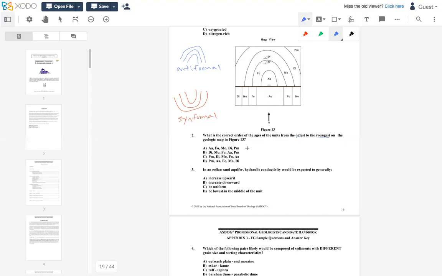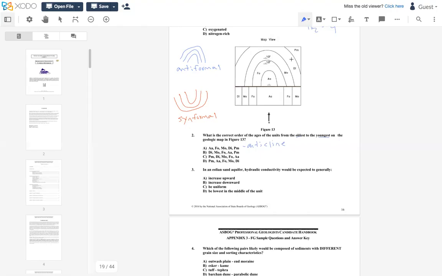So A is saying that this is an anticline, and I think that's a really good choice. If I was in a really big hurry, I would probably just choose that answer. But for the sake of this walkthrough, I'm going to look at the other options and see what I can see.